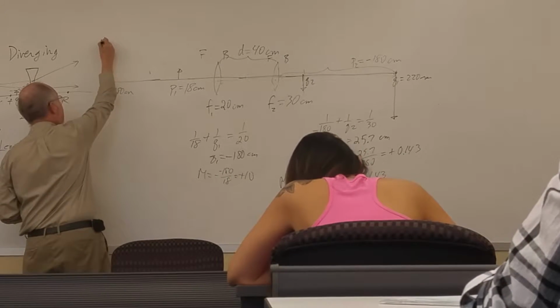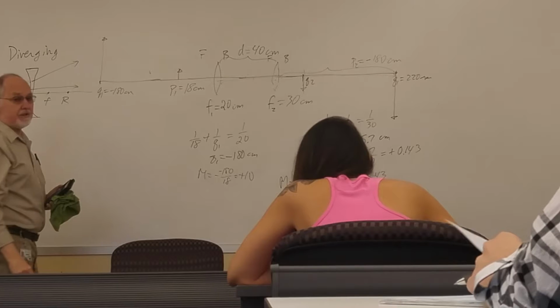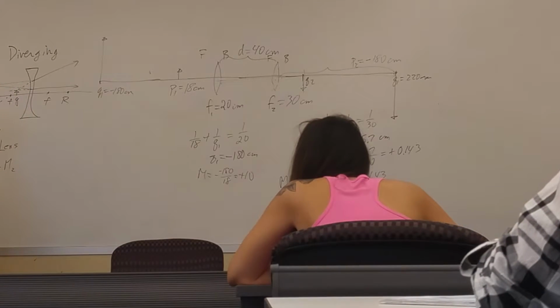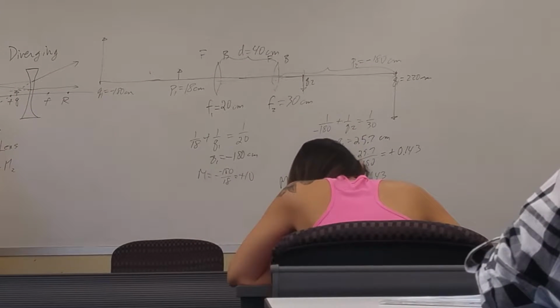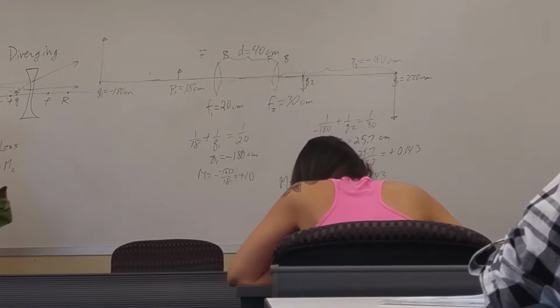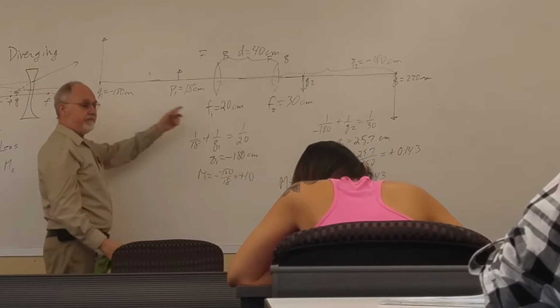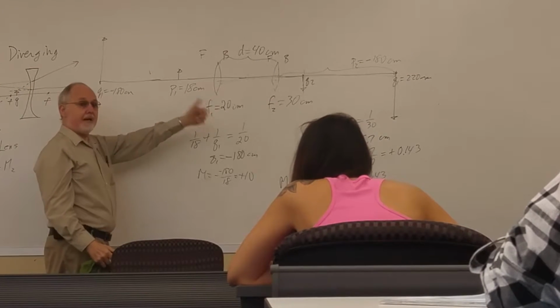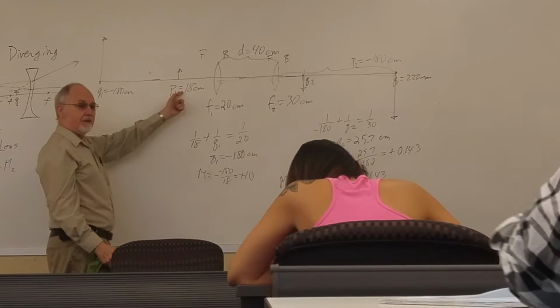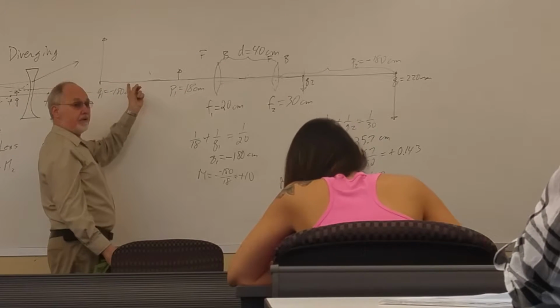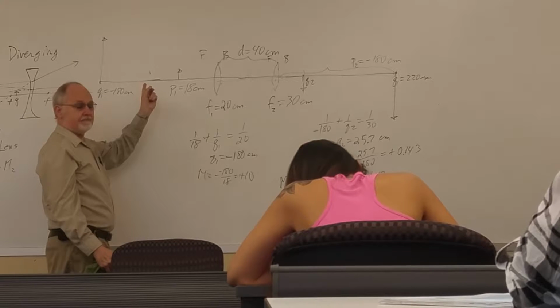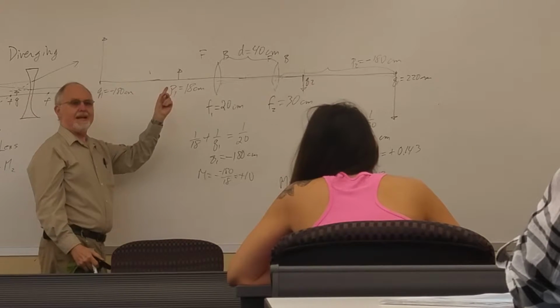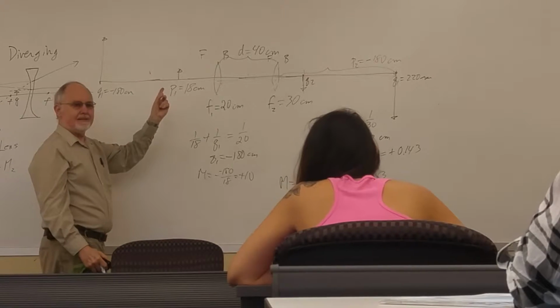So it's 10 times bigger than the original object, but it's a virtual image because it's on the front side of that first lens. But again, if you were looking through this lens from the back toward the front, toward this object, it would appear as though the image is back here.